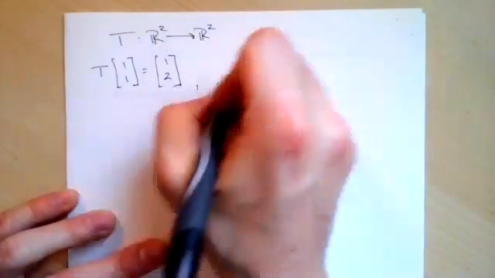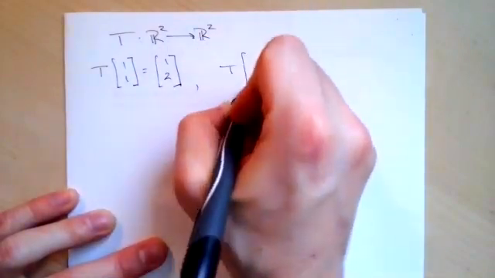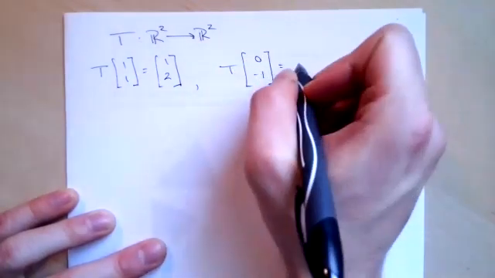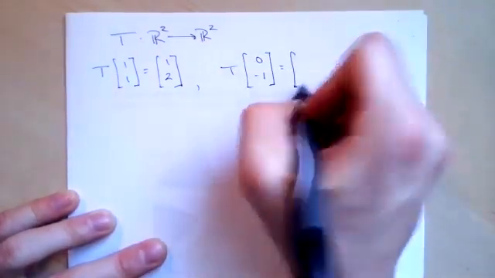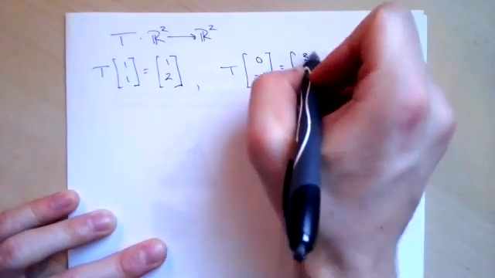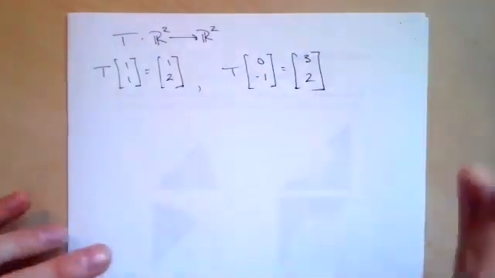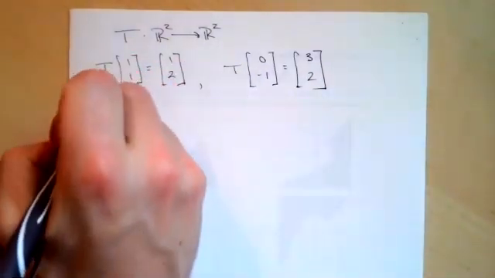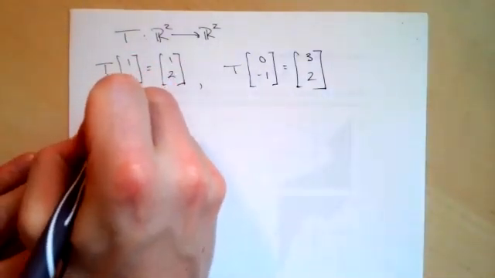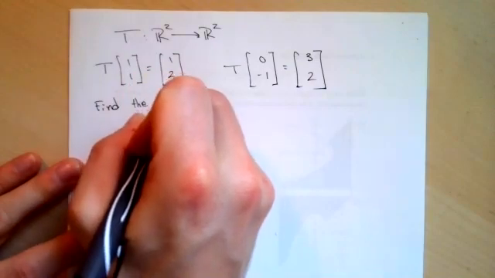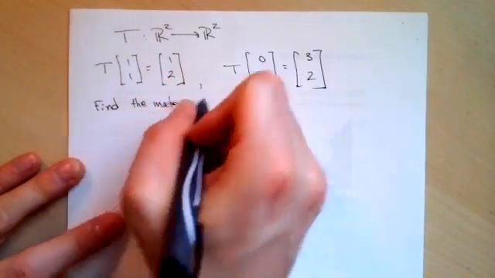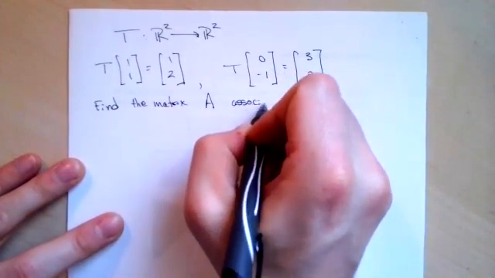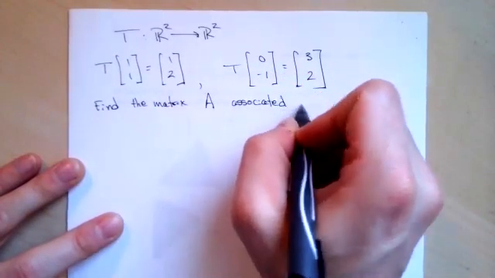And T of (0, -1) is equal to (3, 2). And again, we want to find the matrix A associated with T.